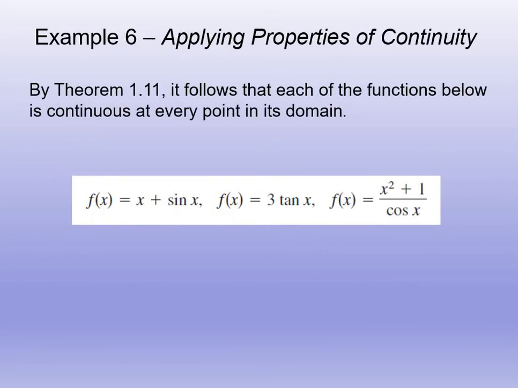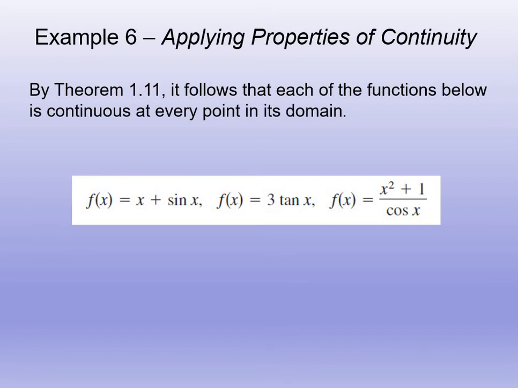If we have f of x equals 3 times tangent of x, well, we know 3 is continuous, right? It's just a horizontal line, 3. We know tangent, okay, is it continuous at every single possible point? You've got to be careful there. When does tangent become discontinuous? All right, so will that function work, and is that always continuous? Tangent is not a continuous function because we have what?